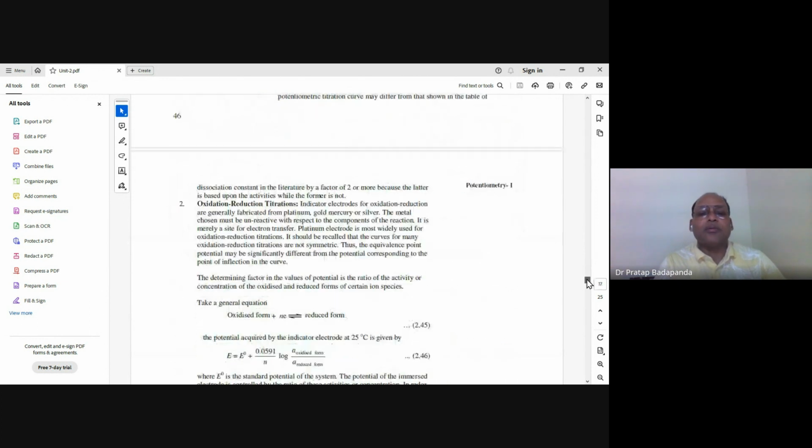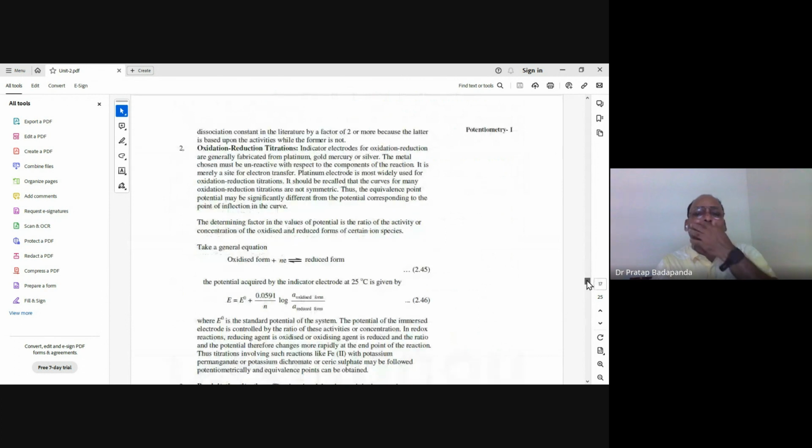Now if you come down to the oxidation reduction reaction, you have to use an indicator which is oxidized and changes the color of the substance. Indicator electrodes for oxidation reduction are generally fabricated from platinum, gold, mercury, or silver. That is the metal, because they are noble metals. The metals chosen must be non-reactive.